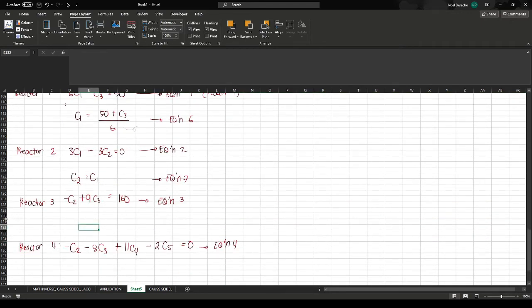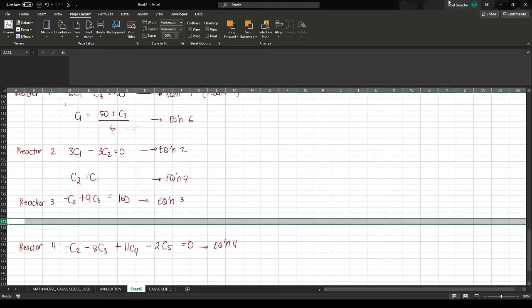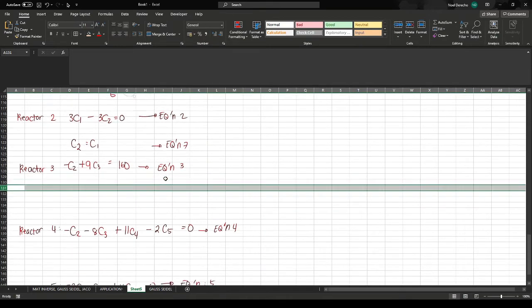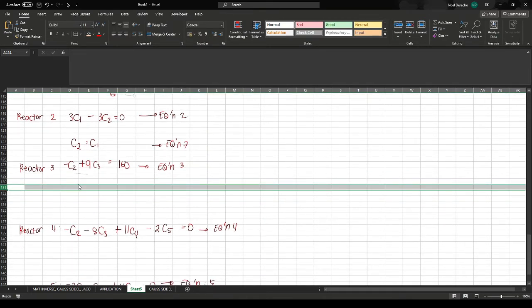For C3, that is C3 equals 160 plus C2 all over 9, equation 8.